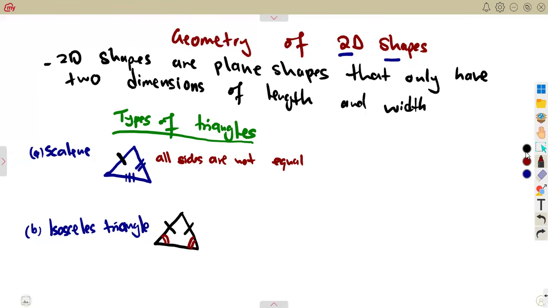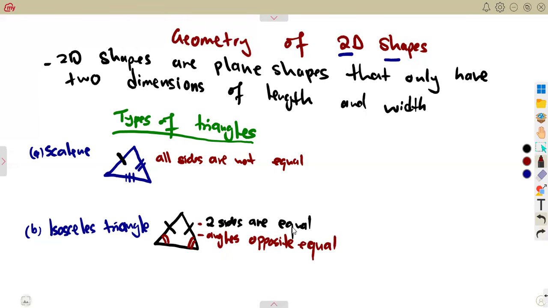So these are the properties of an isosceles triangle. We are referring to two sides being equal. So in terms of the sides, you also consider the angles. Angles opposite equal sides.